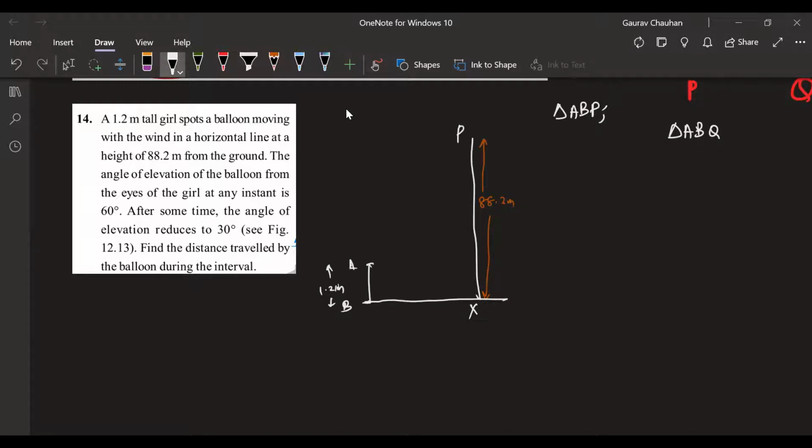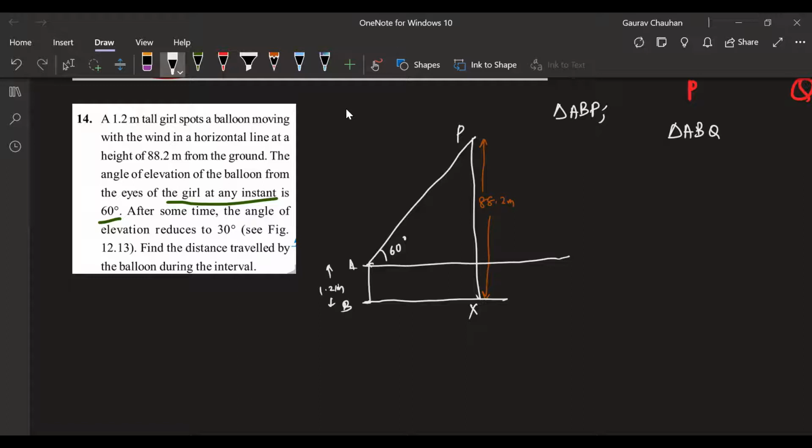The angle of elevation of the balloon from the eyes of the girl at any instant is 60 degree. At any instant should not have been there. It should have been at some instant, which means at some time the angle was 60 degree. So the girl is looking at the balloon. The balloon is at P. The girl sees the angle of 60 degree here with respect to the horizontal, obviously.